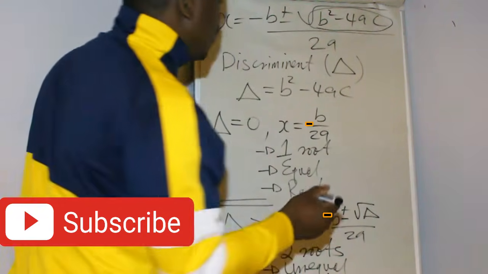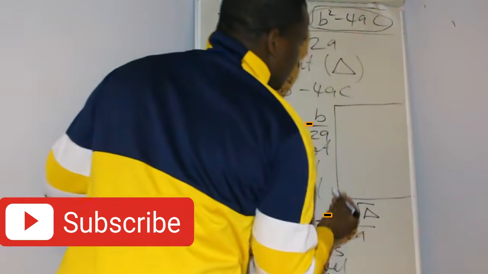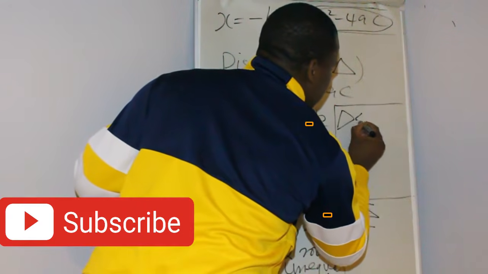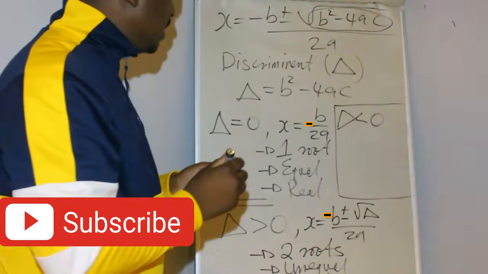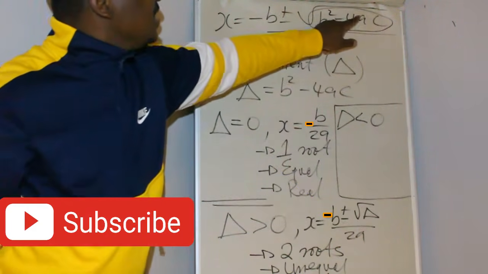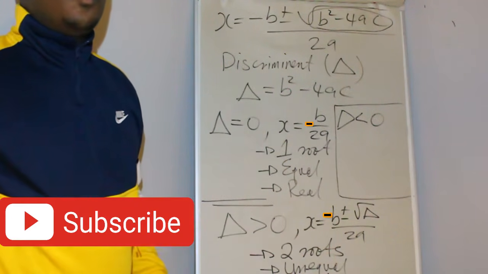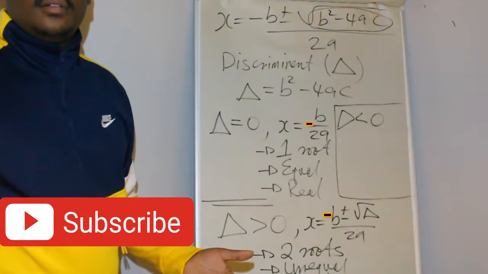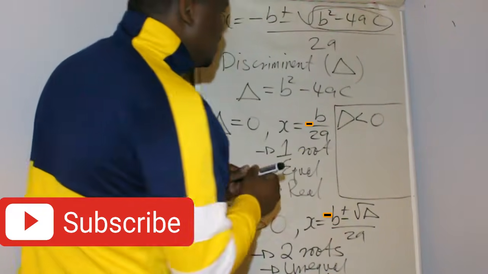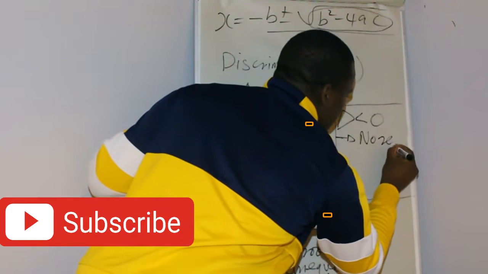Let's go to the discriminant where it's less than 0. So if a discriminant is less than 0, what does it mean? It means you have a negative sign there, which is this thing here is negative. Now, what does that mean? It means you don't have any real roots.